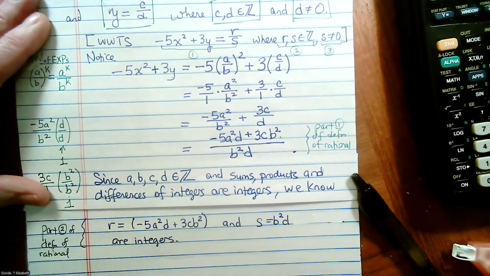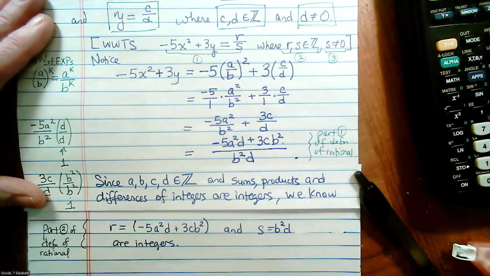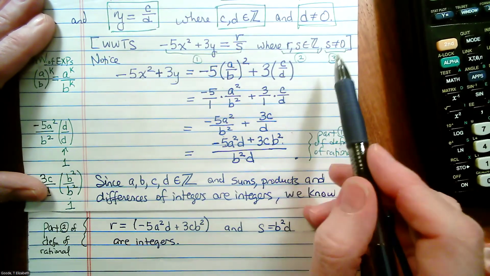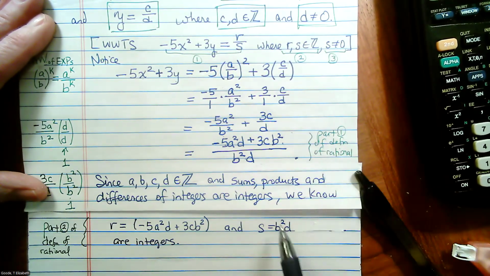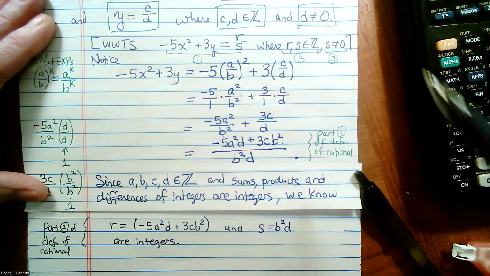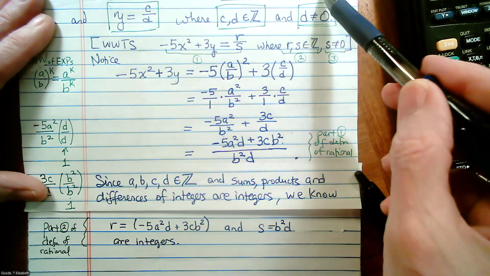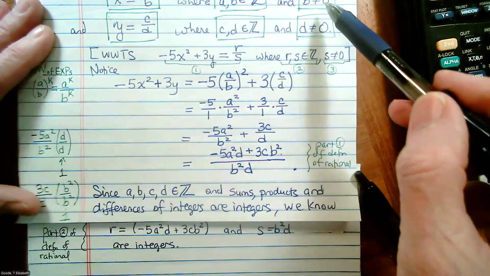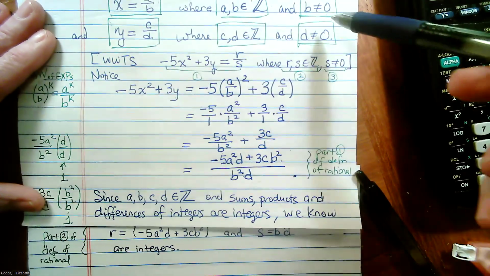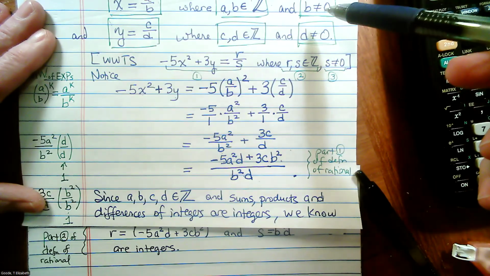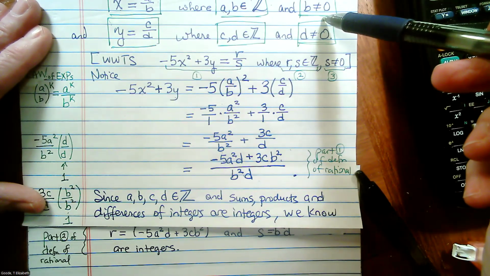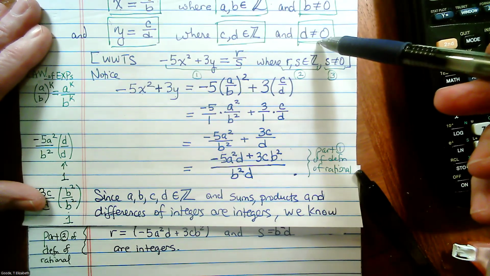The last part is we've got to talk about non-zero, S not being zero. And S is built from b and d. So to address part three of the definition of rational, let's use part three. We know b isn't zero. We know d isn't zero.